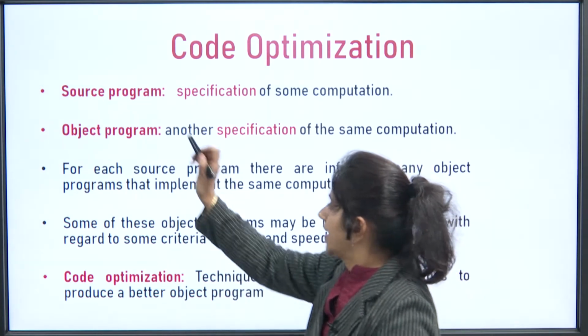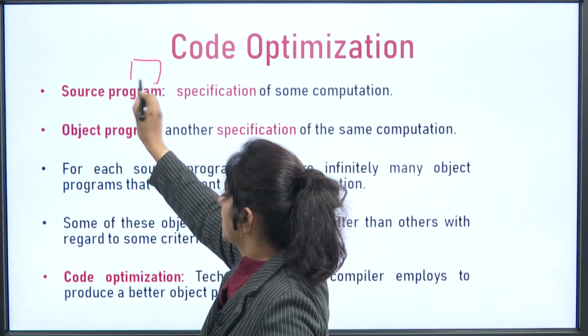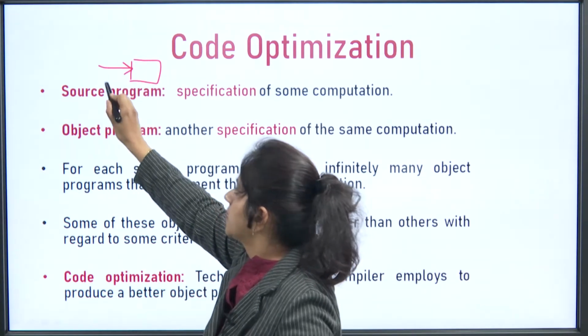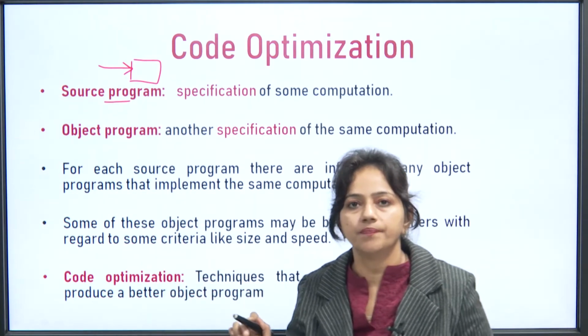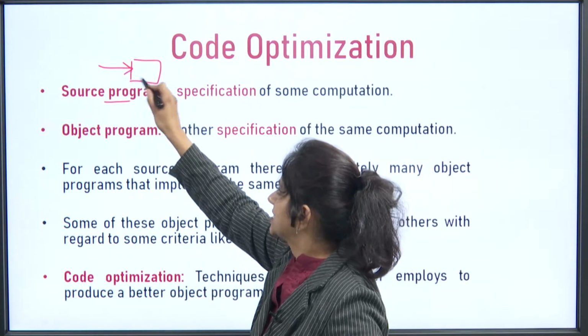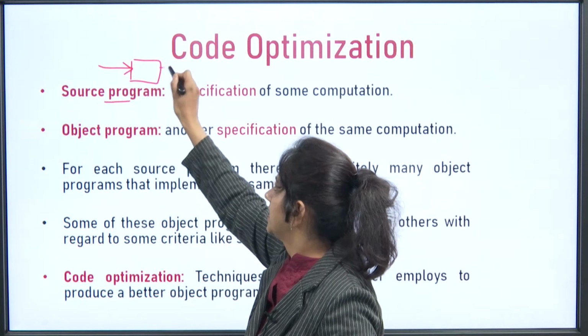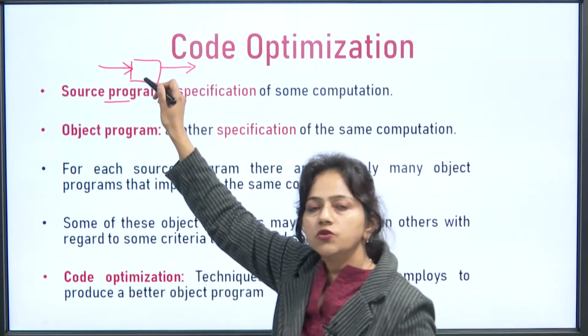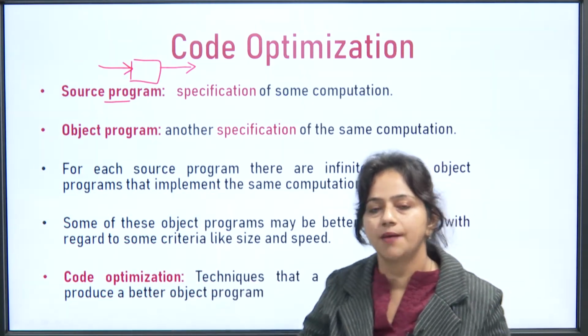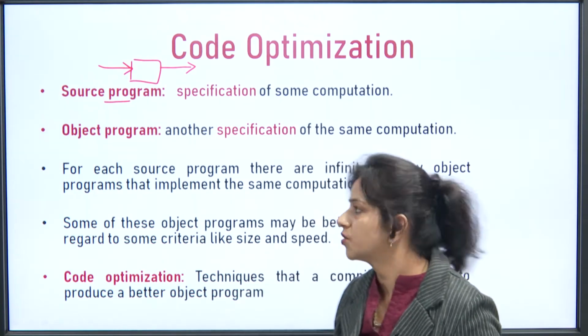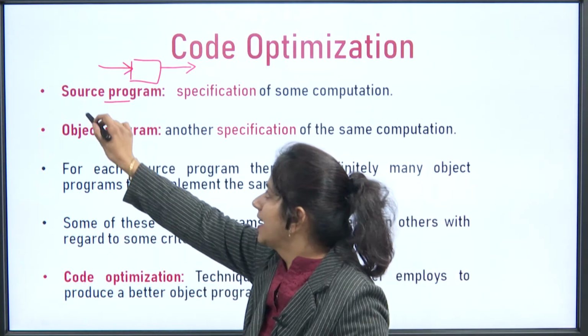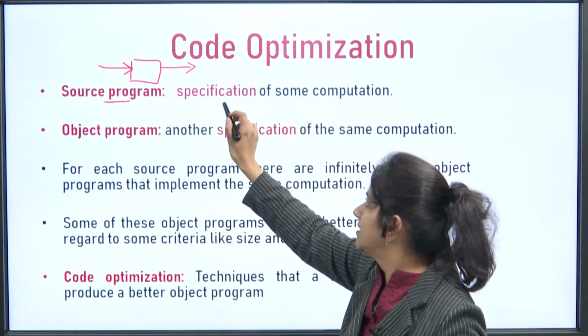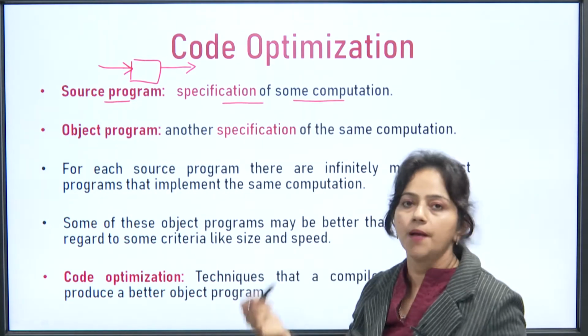We already know that here we are using a compiler, and input to the compiler is a source program. The compiler translates the source program written in high level language into the object code that could be written in assembly language or machine level language code. So, actually we can say the input to the compiler is the specification of some computation.